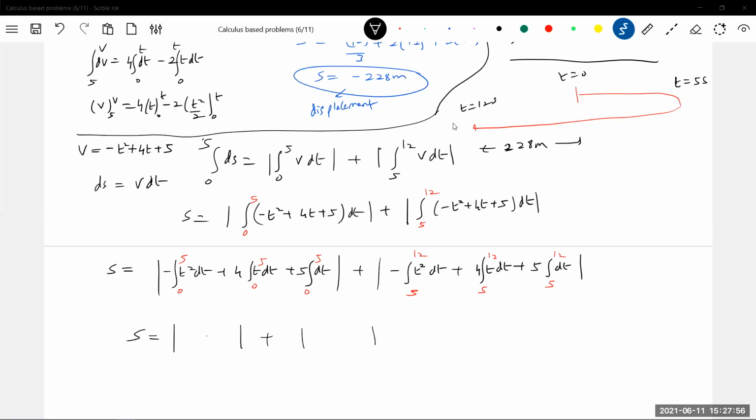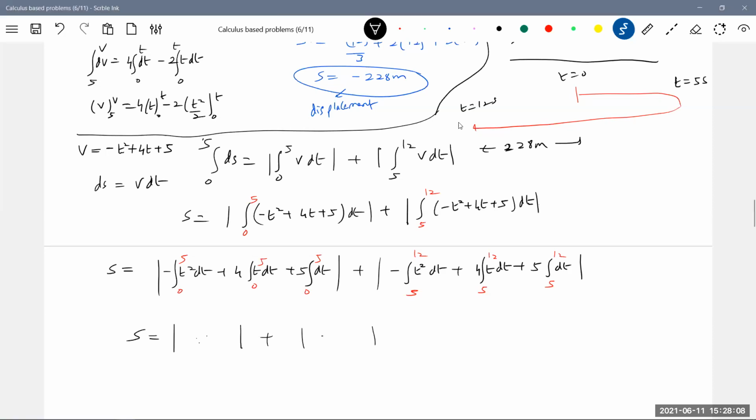Some different answers. Total value? No, I want this mod value. You tell me so that it'll be easy for me. This value I want, the left mod. First mod is 100 by 3. Okay, 100 by 3, negative.